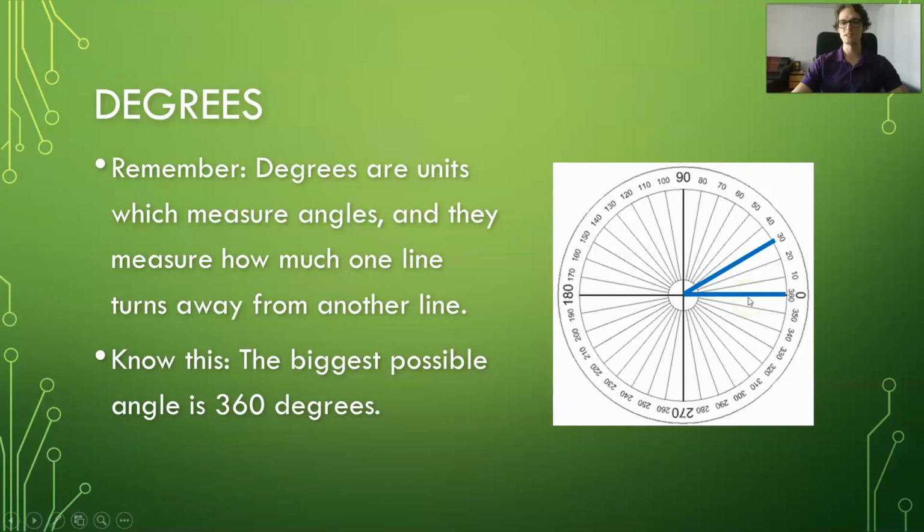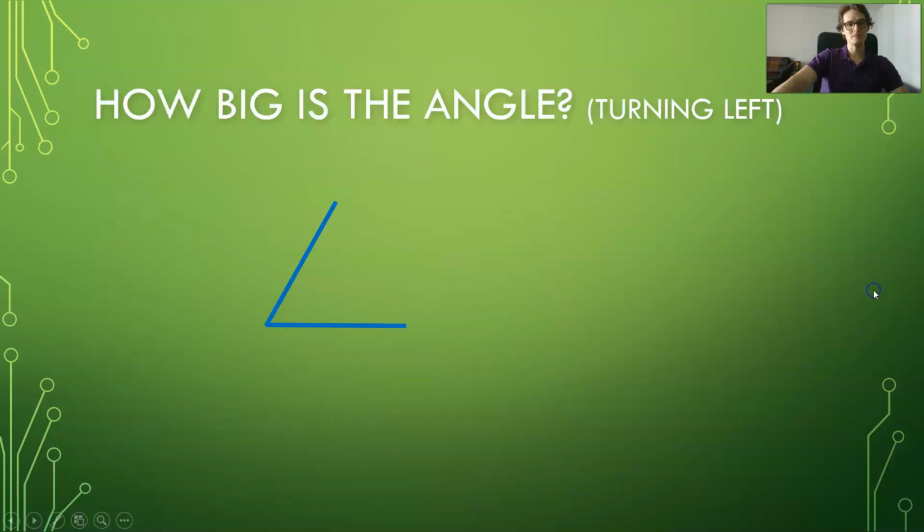And degrees measure how much one line, let's say this line, turns away from another line. So how much is this line turning away from this line, right? How much are they turning? And the answer, you guys could probably see, is 30 degrees. So if we start from this line and then we turn up that much, we get 30 degrees.